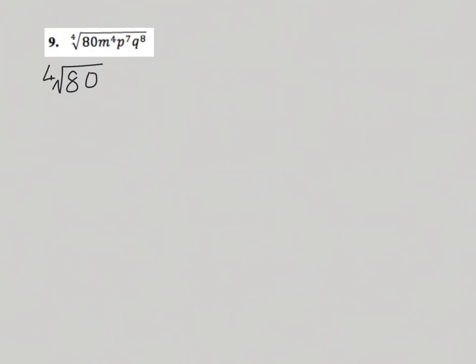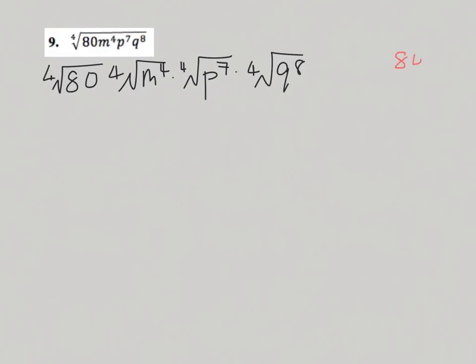And here we have the fourth root of 80 times m to the fourth times the fourth root of p to the seventh times the fourth root of q to the eighth. And let's think about what are the possible factors of 80 that can give you a perfect fourth power. Sorry, not actually a perfect square, the fourth power.